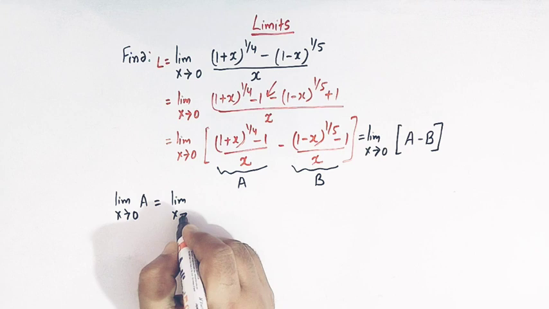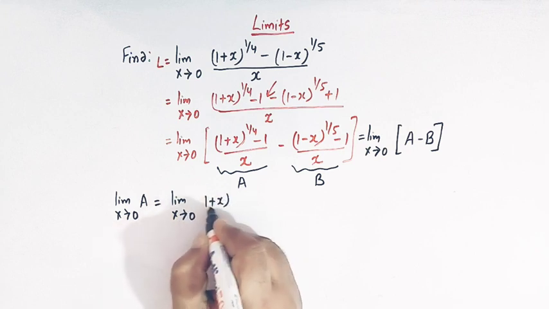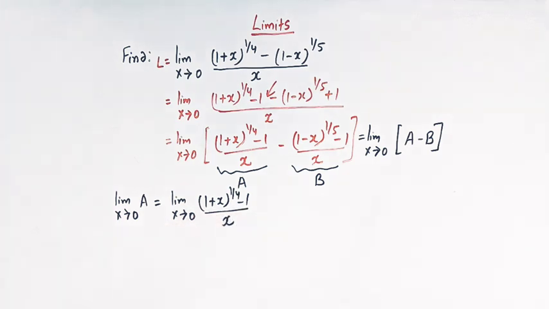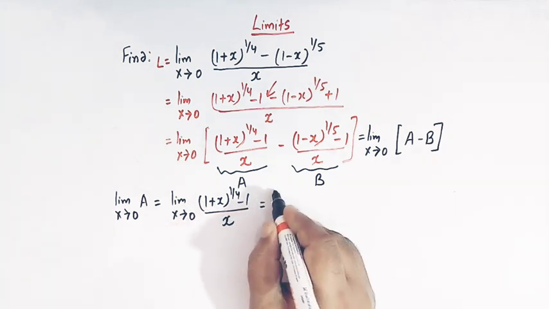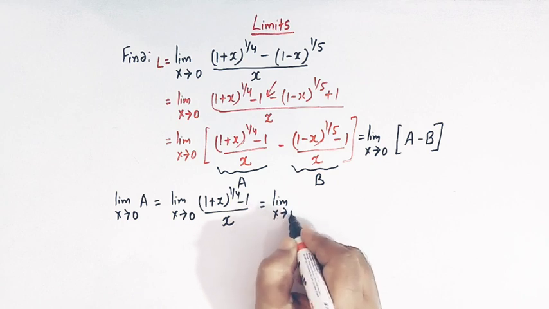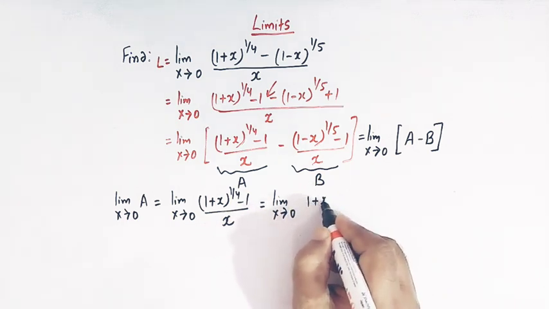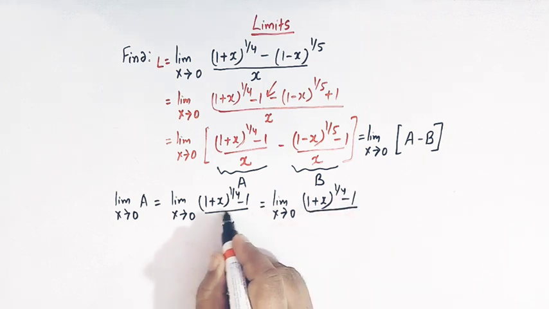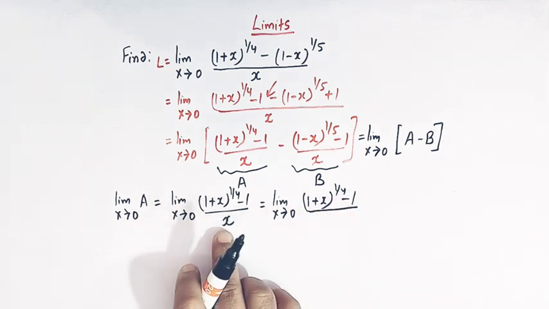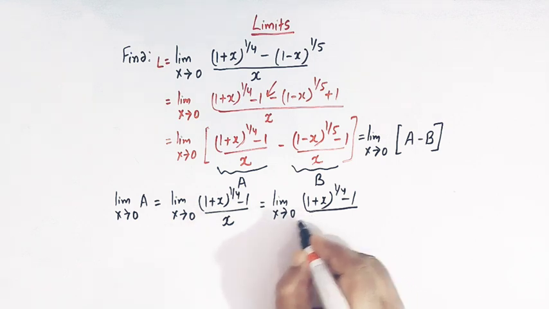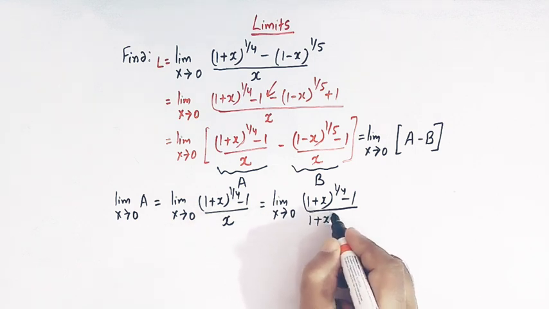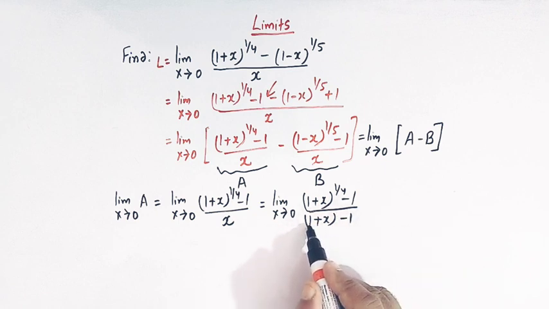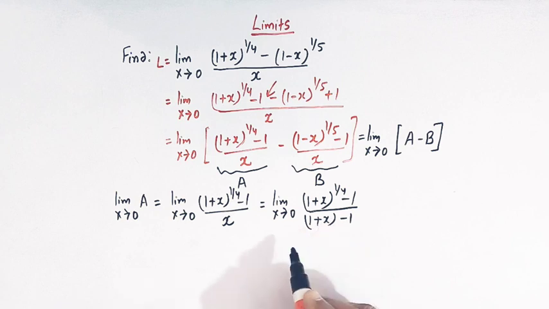Let us write this expression as (1 plus x) raised to 1 over 4 minus 1, and now let us change the denominator. So x can be written as 1 plus x minus 1, where we have added 1 and subtracted 1.